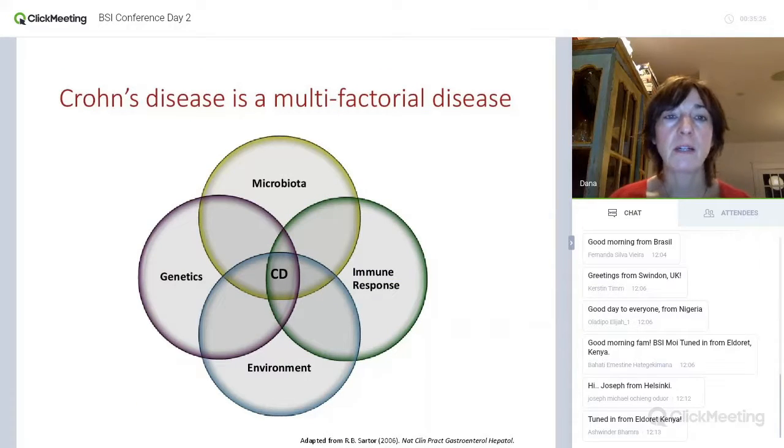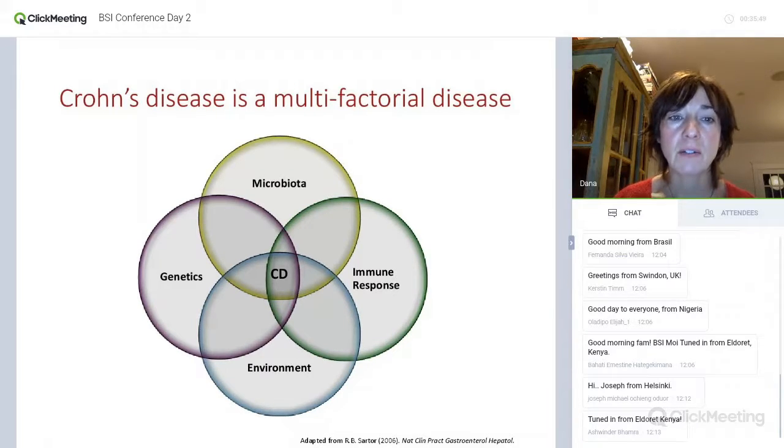So Crohn's disease in particular is the one that we study in my lab, and it's, as we know, multifactorial. So we know there's a role for the microbiota. We know there's some sort of dysregulated immune response that's associated with Crohn's. There's environmental effects. For example, smoking can trigger Crohn's in susceptible individuals.